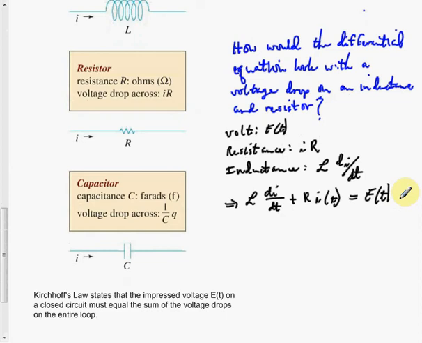So you have I, then you have the derivative of I, di over dt. I is raised to the first power. di over dt is also raised to the first power. And the coefficients are restricted to being functions of time only. L is a constant, just a number, and the resistor is also just a number. So yes, it's a first order linear differential equation. We will solve those types of differential equations in this class.